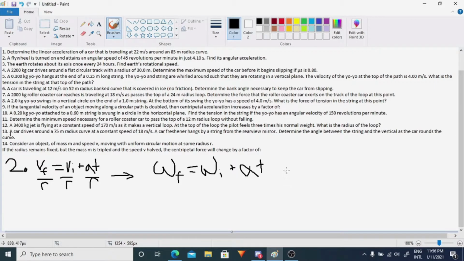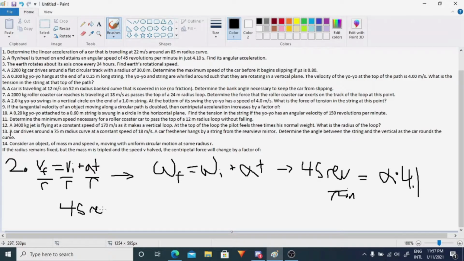So if we plug in our numbers, we get 45 rev per minute equals alpha times 4.1 seconds, which is our time. Before we calculate this equation, we want to convert revolutions per minute into radians per second, as that is the units that alpha is in.